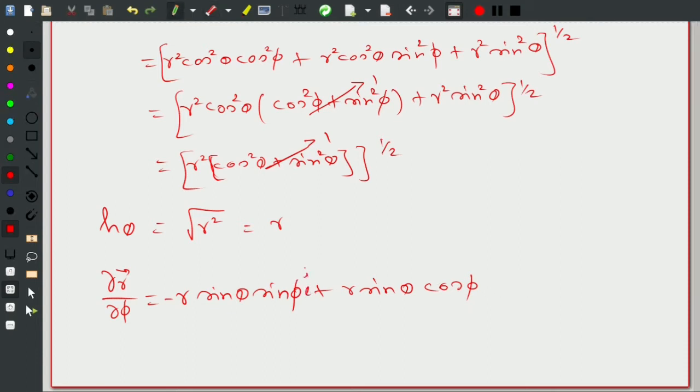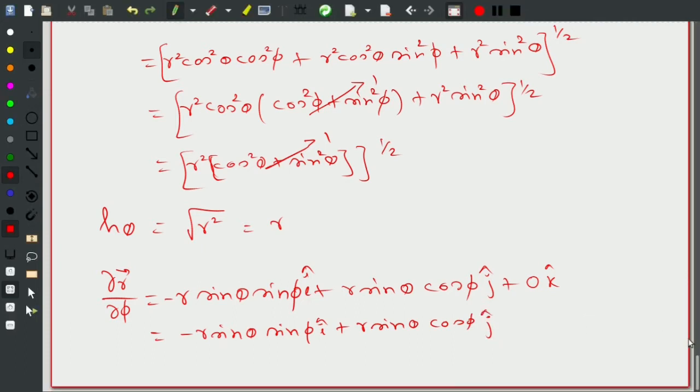I left this unit vector, so let me add these unit vectors. The coefficient of k cap is cos θ, and if we differentiate it with respect to φ, it's 0, right? So we have minus r sin θ sin φ î plus r sin θ cos φ ĵ, right?